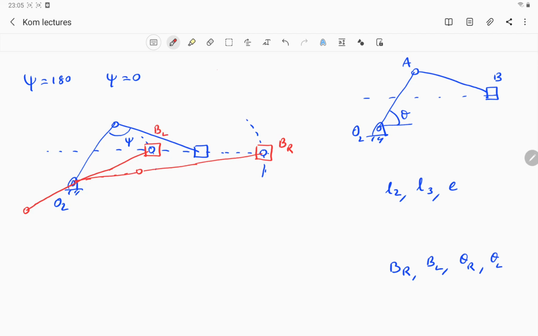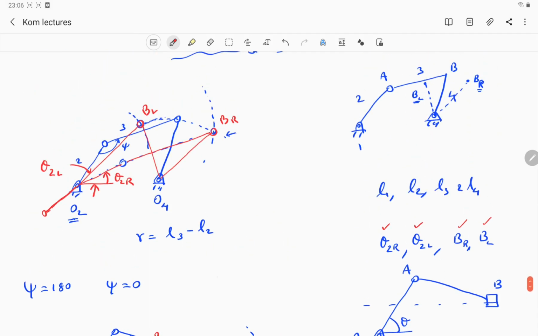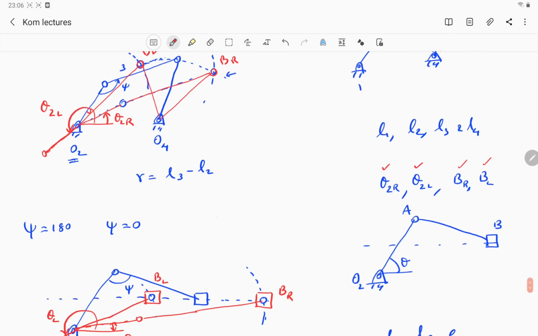This angle is theta R. Actually, this angle should be theta L. I think I made a mistake earlier, so this angle should be theta 2L.